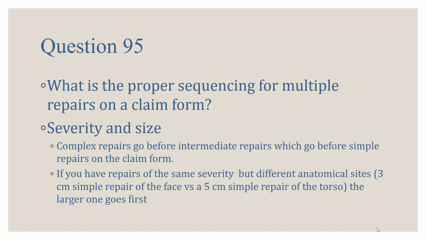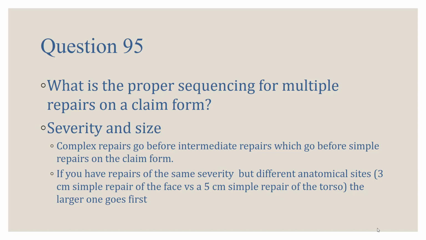Severity and size are going to impact this decision. Complex repairs will go before intermediate repairs, which will go before simple repairs on the claim form. So the more complicated go first, the less complicated goes last.